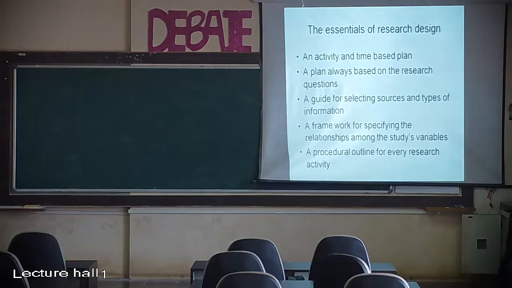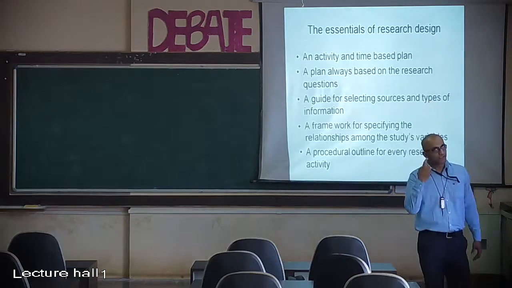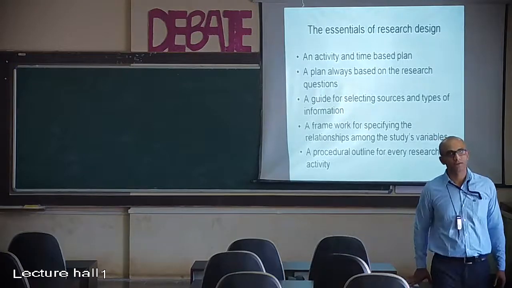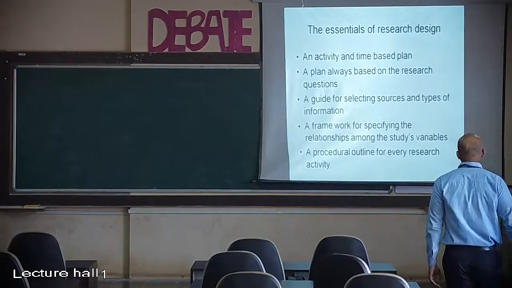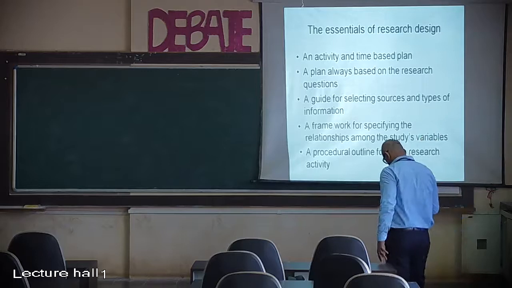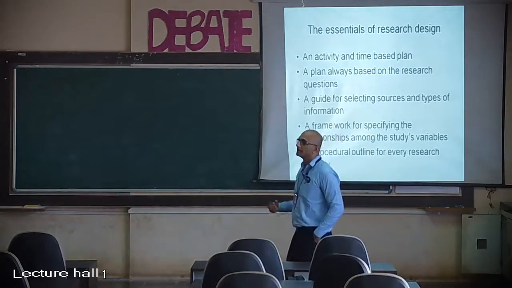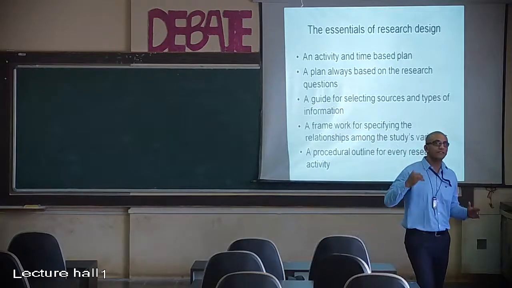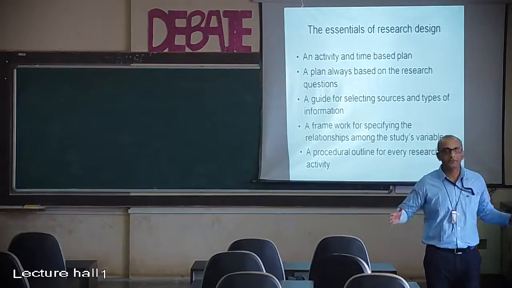What are the essentials of research design? Some of the essentials that we need to speak about are these. Research design needs to have some kind of a time dimension. It is a series of activities undertaken by the researcher over a period of time.